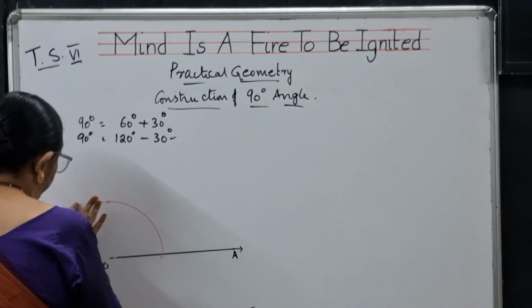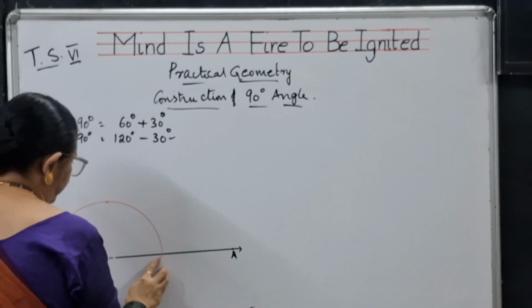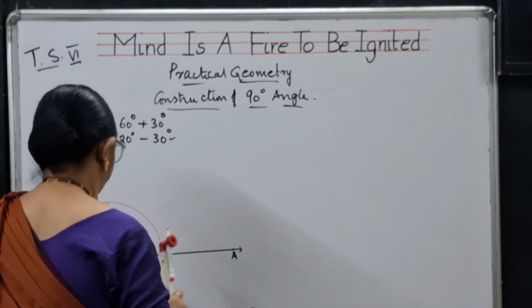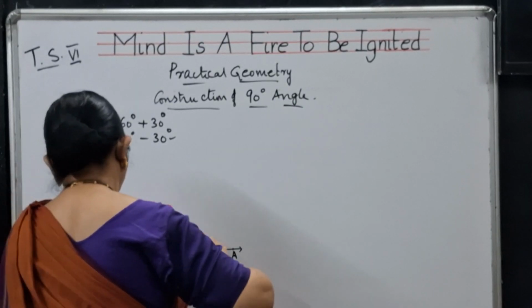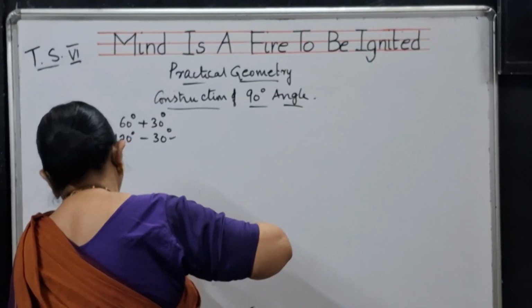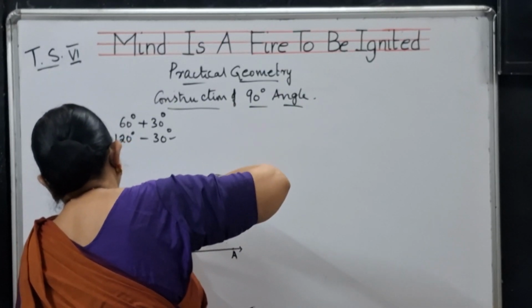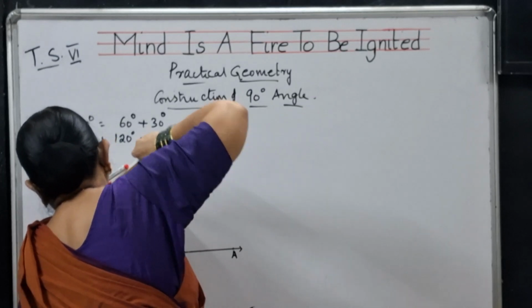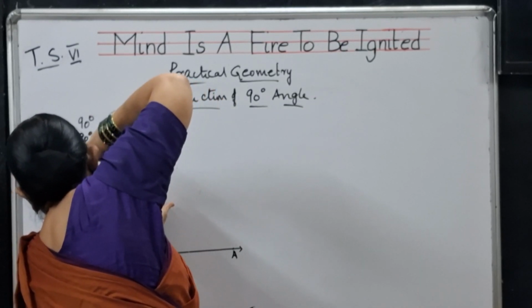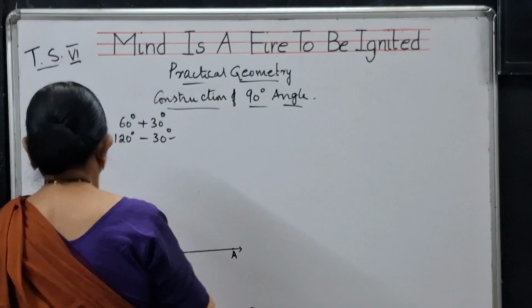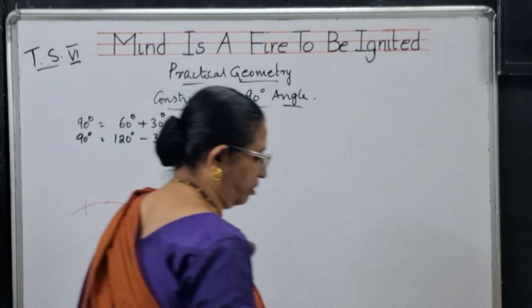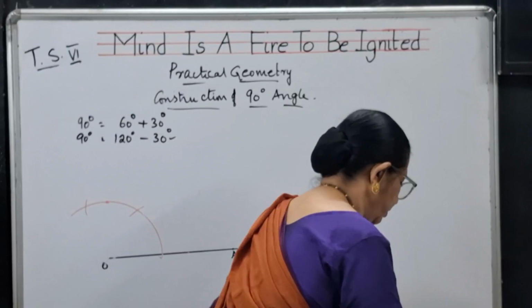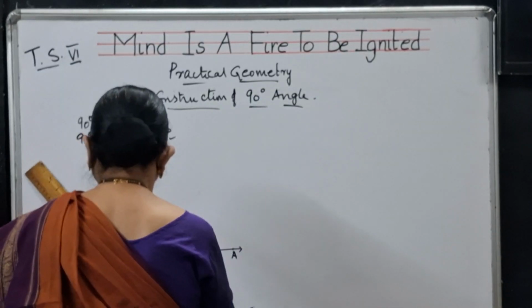This is the arc that you will be getting with O as center. Whatever is this, with the same radius, this point as center, one arc here, and again this as center, another arc here. So this will be 120 degrees.